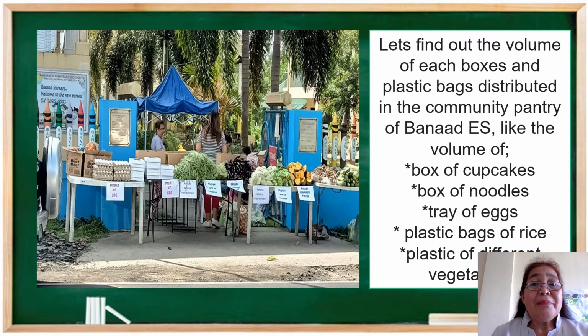There are different kinds of food solicited by the school for the advocacy campaign like this community pantry. We will study the volume of each box of cupcakes, box of noodles, a tray of eggs, plastic bags of rice, and different vegetables.